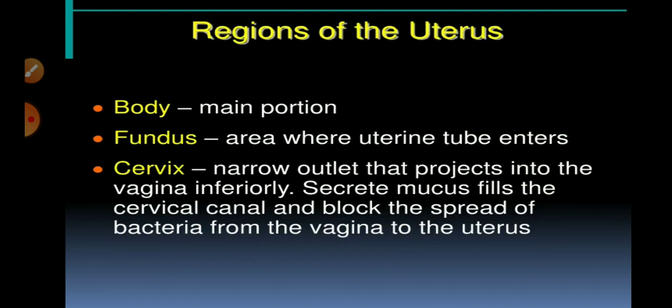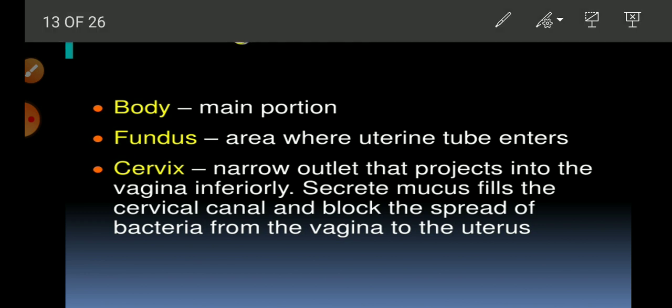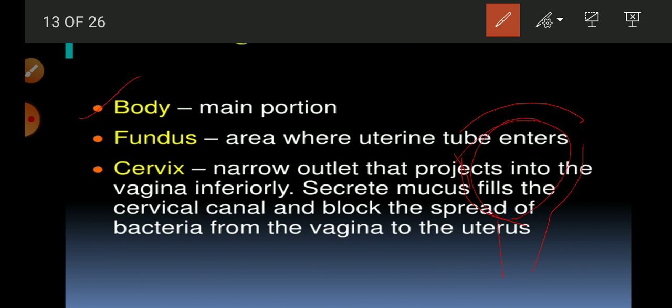Now we will see the regions of the uterus. You can see here there is the body. The body is this main portion, called the body of the uterus. Then we have the fundus, the area where the uterine tube enters.